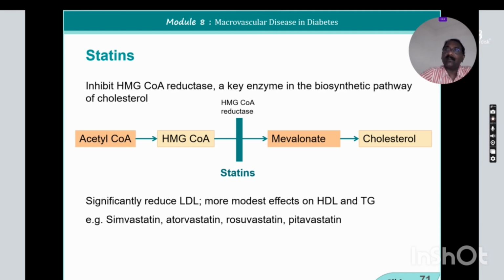Continue the atorvastatin. Suppose you want to give the first prescription to your brother, with an LDL of say 130 or a total cholesterol of 230, then you can prefer rosuvastatin over atorvastatin. So new prescriptions get more of rosuvastatin, and for old prescriptions, if they are maintaining normal lipid levels, you can continue the atorvastatin. Even after 10 or 15 years of atorvastatin therapy, if the levels are still very, very high, then you can stop atorvastatin and start using rosuvastatin.